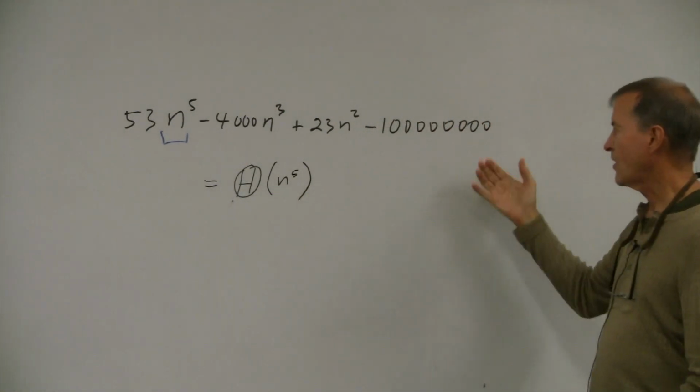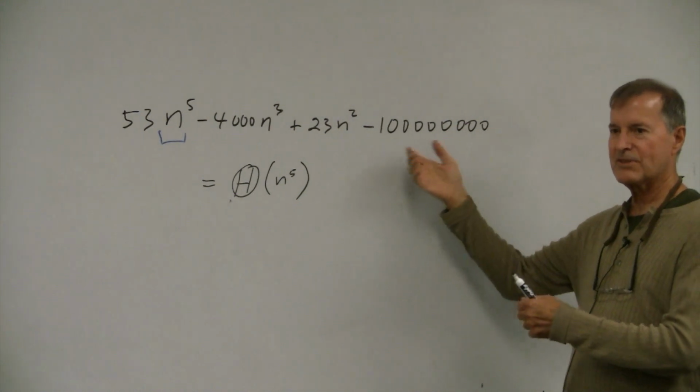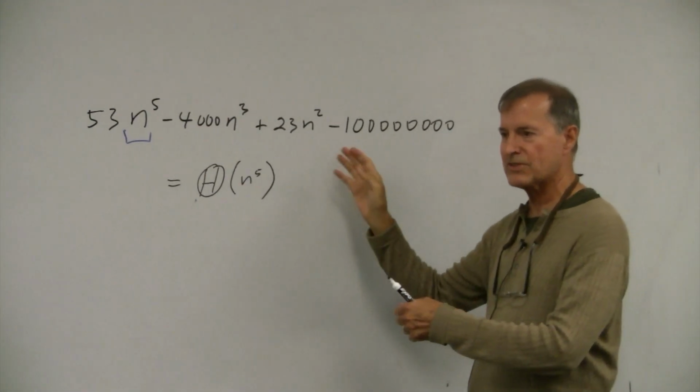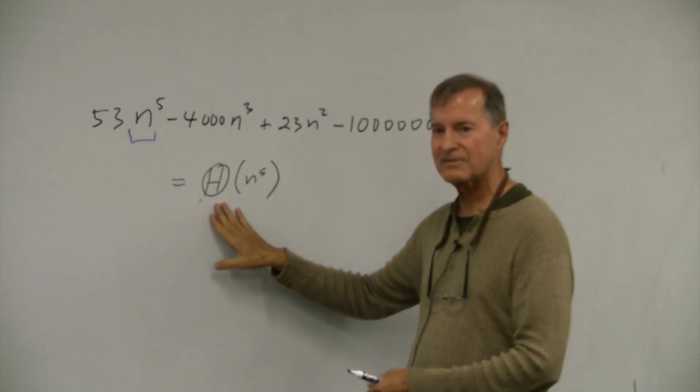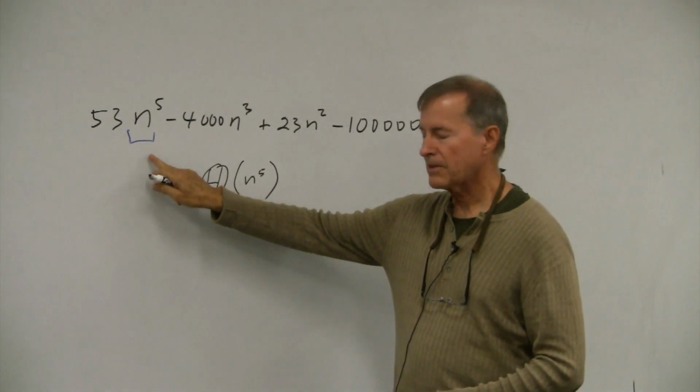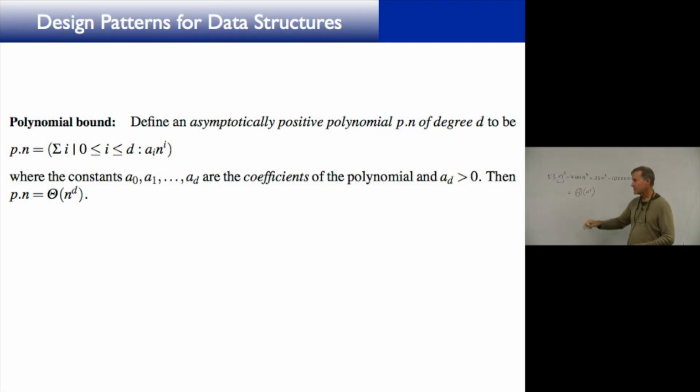Because you can do all this, drop the positive, increase the negative, provided n is greater than or equal to blah, blah, blah. You can do that to all these coefficients and eventually collapse it all to this. All right? So this is the only one that matters, as long as it's positive. The leading coefficient has to be positive. See? A sub d is greater than 0.